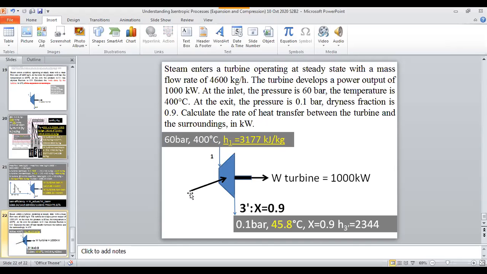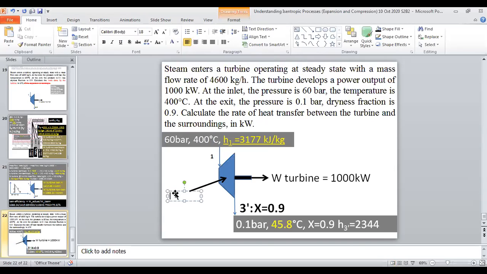But anyway, as a standard, we always consider heat transfer towards the system. So let's call this Q, heat transfer between surrounding and the turbine.